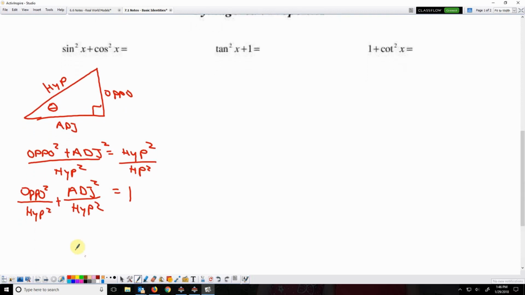Opposite over hypotenuse is sine, so opposite squared over hypotenuse squared is sine squared. So sine x squared plus adjacent over hypotenuse is cosine x squared.